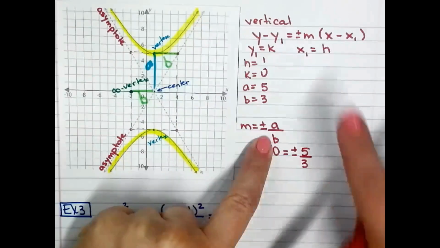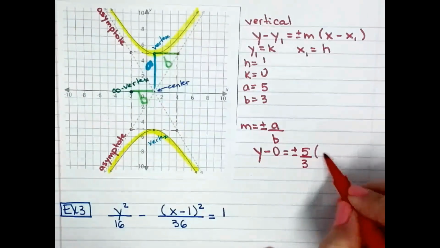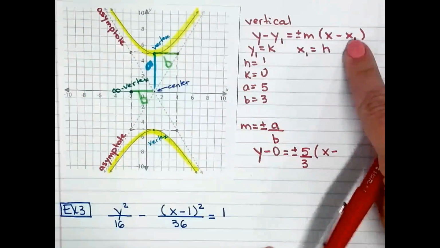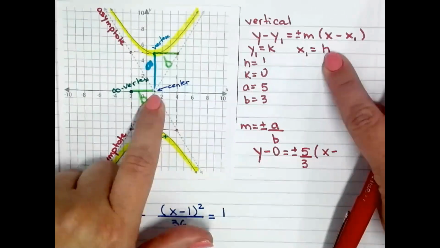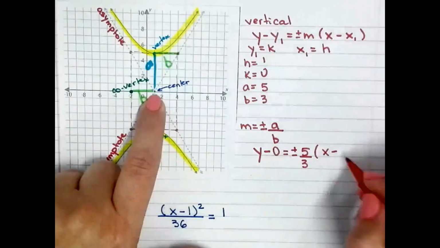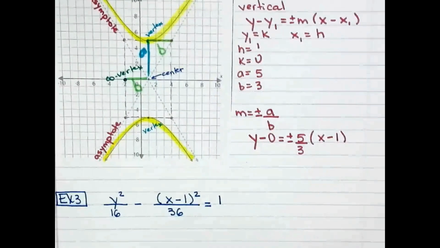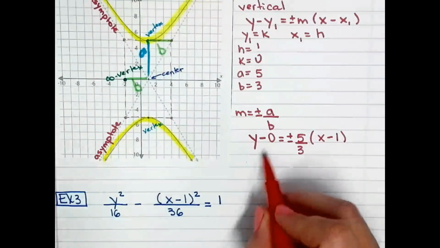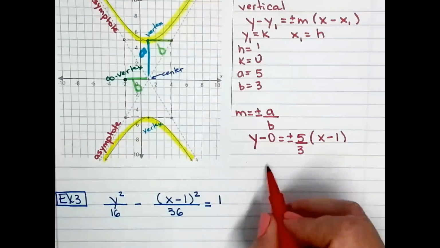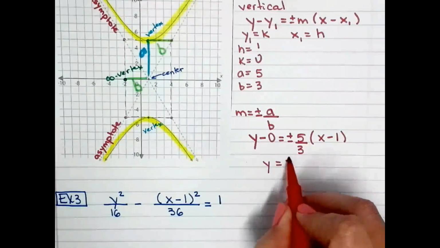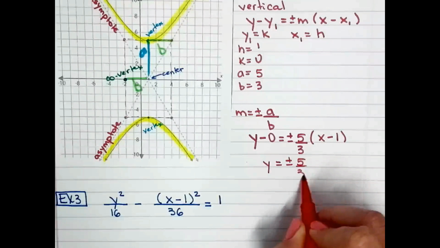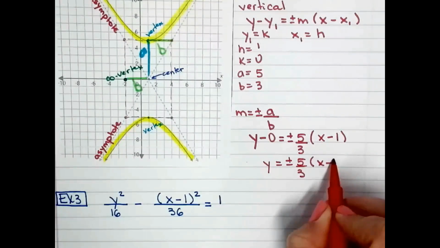That's the slope. X minus x1, h from the center is 1. And that's the same thing I have right there. Okay, you can leave it like that, or you can clean up that 0 because it doesn't look pretty. So y equals plus or minus 5 over 3, x minus 1.